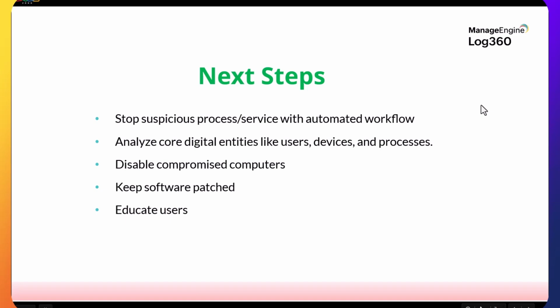Log360's Incident Workbench allows you to take a deeper look at core digital entities like users, devices, and processes to conduct faster root cause analysis and better incident investigations. And to prevent worm infestations from even entering your network, ensure that you have patched all your software. User education on safe cyber practices will also definitely reduce the odds of any malware entering your network.